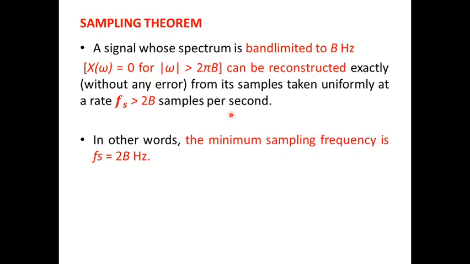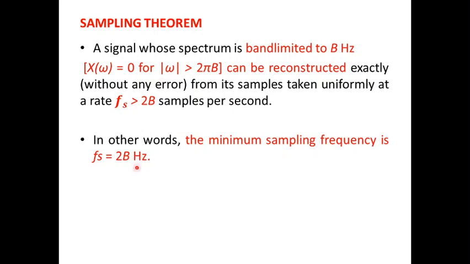So we mean that the signal can be reconstructed without any error only if we choose the sampling frequency fs greater than 2B samples per second. Or in other words, the minimum sampling frequency is fs equal to 2B hertz.